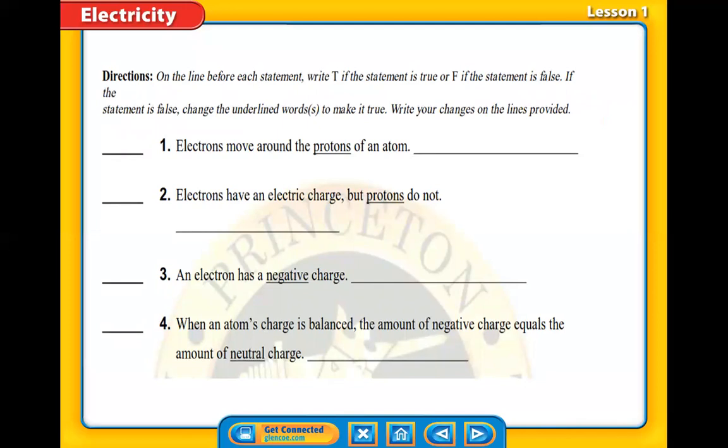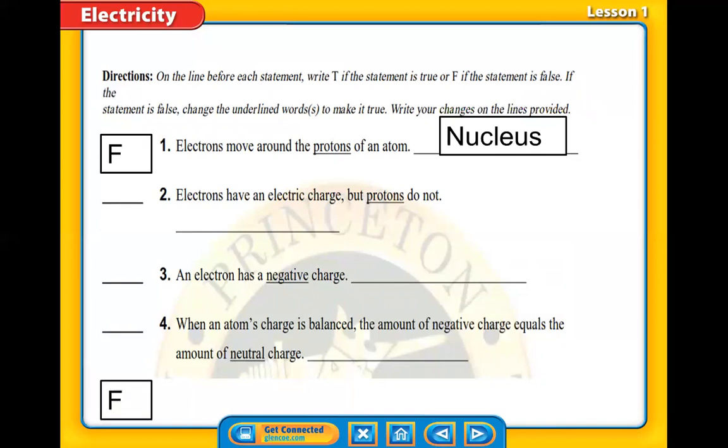We have here this practice sheet on the two key concepts that we studied till now. Electrons move around the protons of an atom, true or false? False. The electrons revolve around the nucleus, not only the protons. Electrons have an electric charge, but protons don't have electric charge. False, the protons have, but the ones that don't have any electric charge are the neutrons.